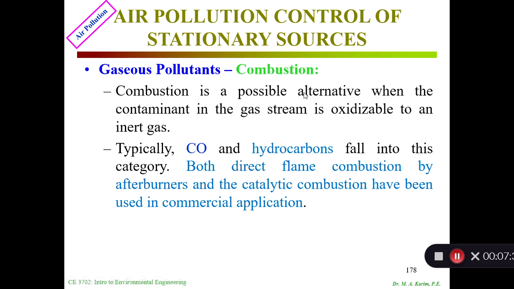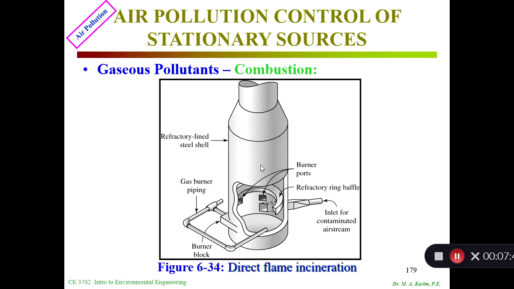Combustion is a possible alternative when the contaminant in the gas stream is oxidizable to an inert gas. Typically carbon monoxide and hydrocarbons fall into this, even methane. If you burn the methane, it can be converted into something else that would be environmentally benign. This is called flame incineration.